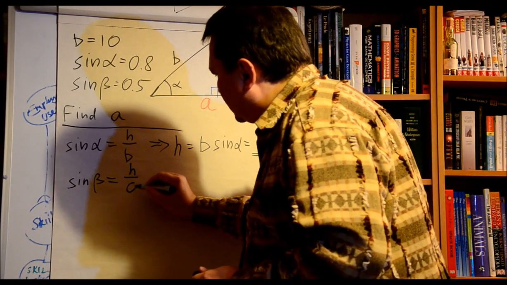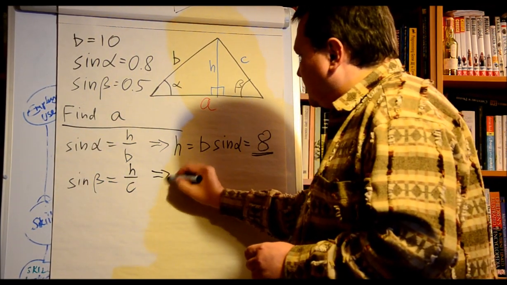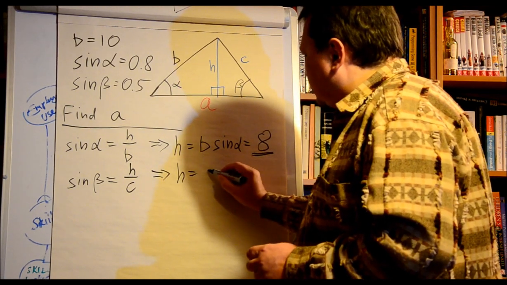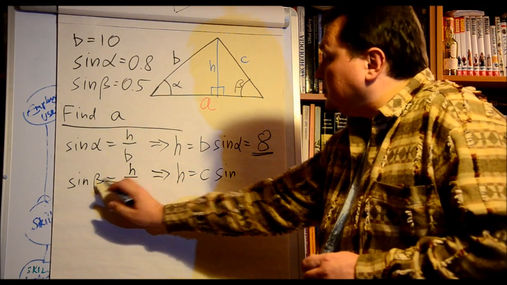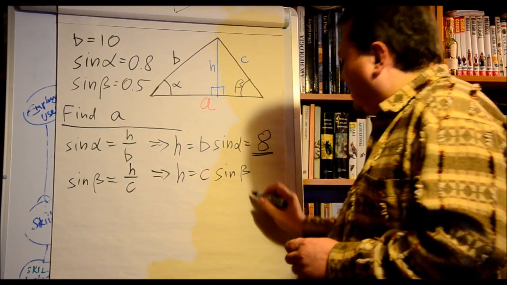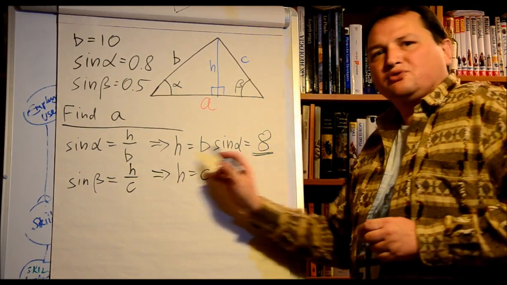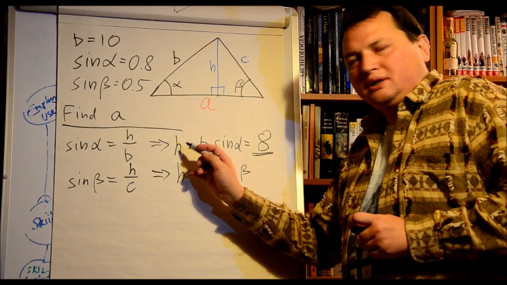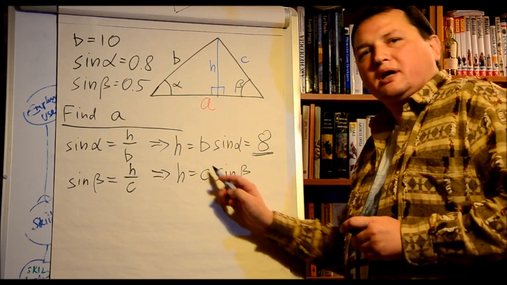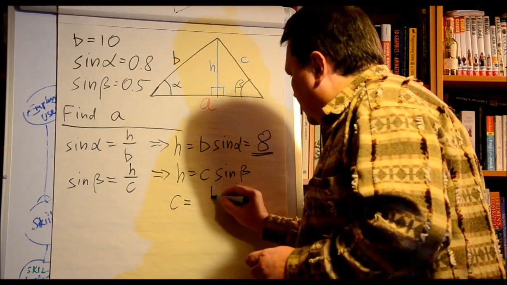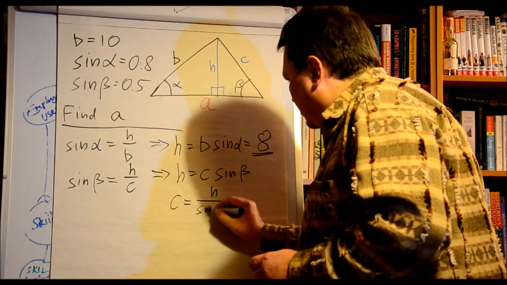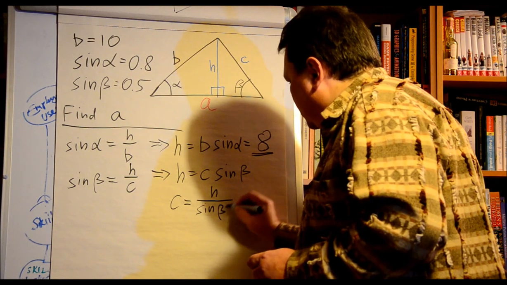So again, h is c sine, attention, beta, not alpha. Okay, it's not very useful for me because I've already calculated h, but from this formula I can find c. So c is h divided by sine beta.